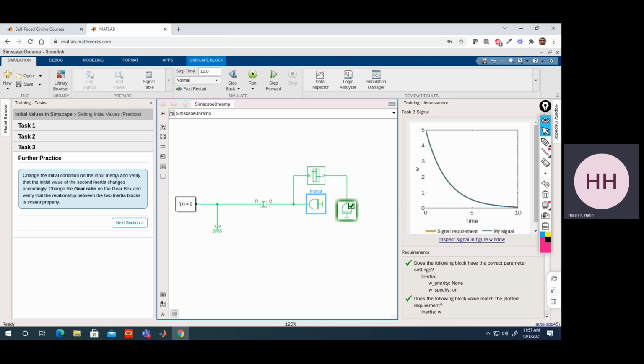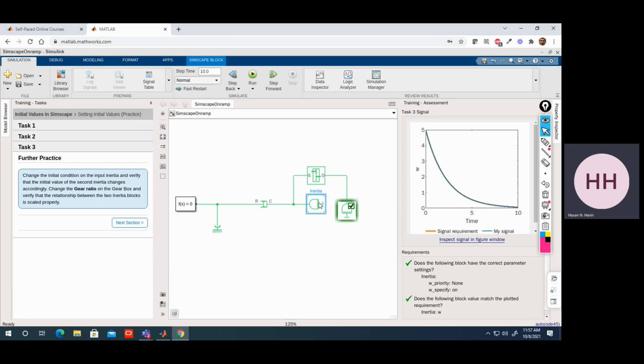Change the initial condition on the input inertia and verify that the initial value of the second inertia changes accordingly. Change the gear ratio of the gearbox and verify that the relation between the two inertia blocks is scaled properly. Okay, they are talking about changing the initial condition of the input inertia.